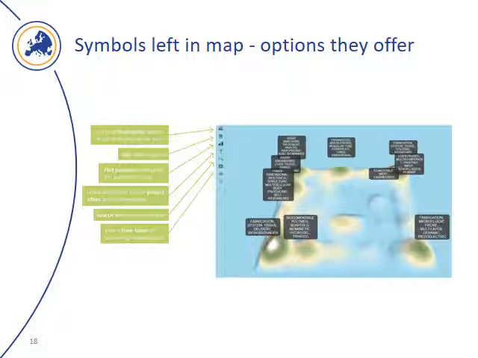The second symbol is edit search query. So here you can change the search query, you can add additional conditions. The third symbol is that you can plot patents by assignee, international patent class, publication year.